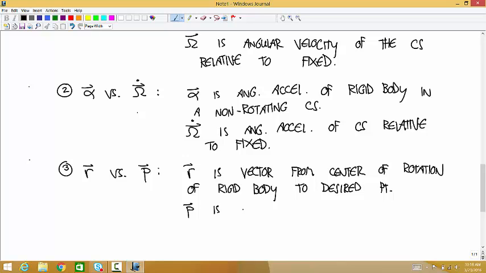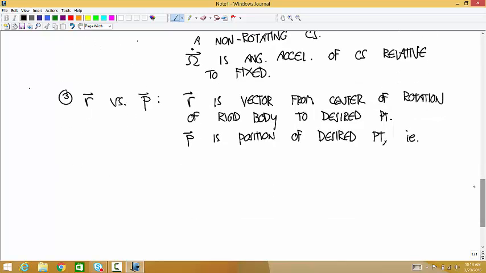P is the position vector of the desired point, in other words, a vector from the coordinate system's origin to the desired point. So to calculate r, you're going from the center of rotation to the desired point. To calculate p, you're always going from the origin to the desired point.